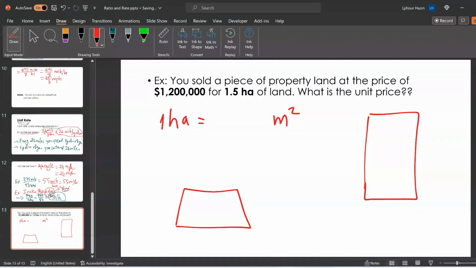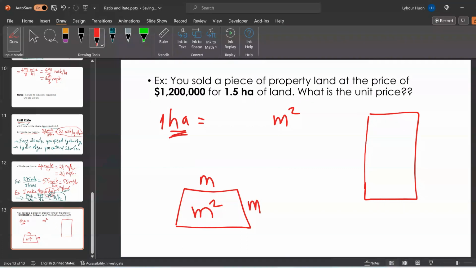If it's small, we measure it as square meters, because it's meter times meter, so it's meter square. But when it's too big, like a land of a rice field, it's very big, so we measure it as the hectare.